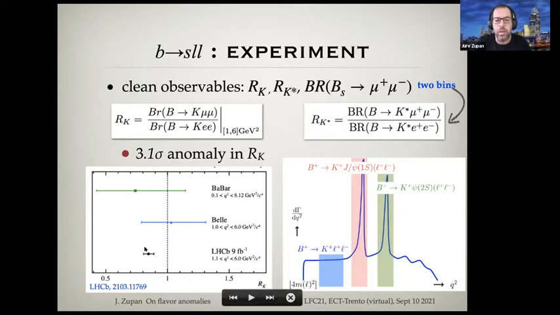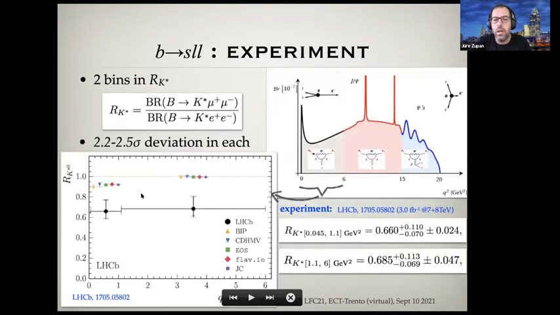So the LHCb measurement is here. It should be 1 if the standard model is correct, and the previous BaBar and Belle measurements have significantly larger errors. The B to K star measurement hasn't changed in a long time. So these are 2 bins.